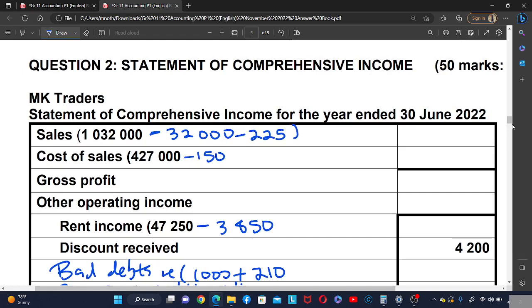Sales, if you separate all this, you're going to get 999,775. Then the cost of sales, you're going to get 426,850. So to get the gross profit, you say sales minus cost of sales, which is 572,925.